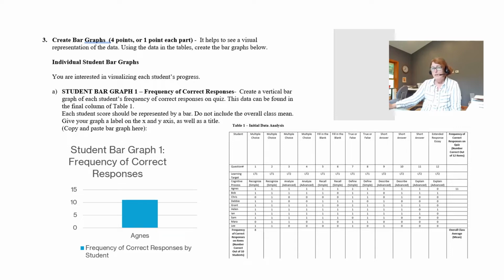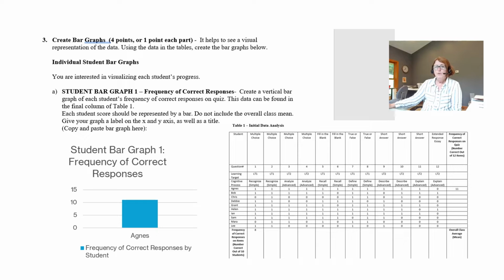And basically you're looking for things about, do students understand the learning targets? Where are they having trouble with in the learning targets? Do individual students understand things? Which students don't understand? Which students seem to be getting it? So these bar graphs and analyses that you do in part 2 will help you with those questions.